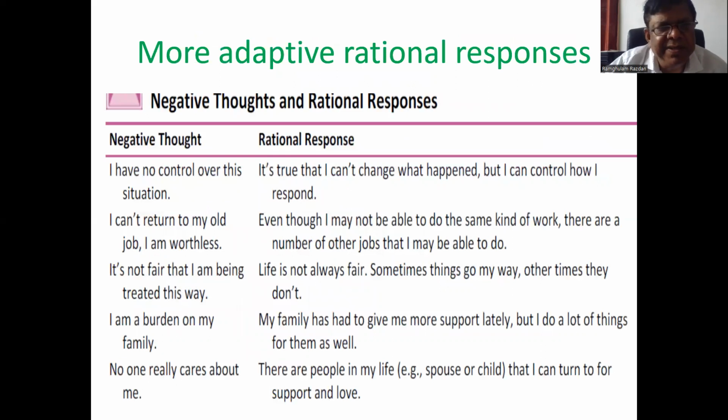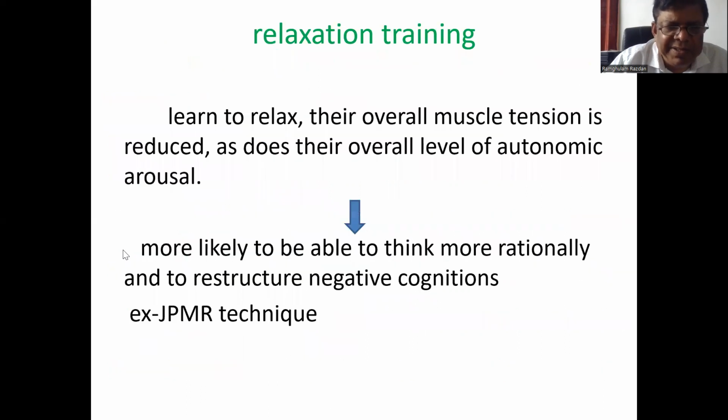If one has the thought that I have no control over this, it should be questioned, the patient made aware, and encouraged to undergo psychotherapy. It is true that I can't change what happened, but I can control how I respond. You might have seen a number of such cases.